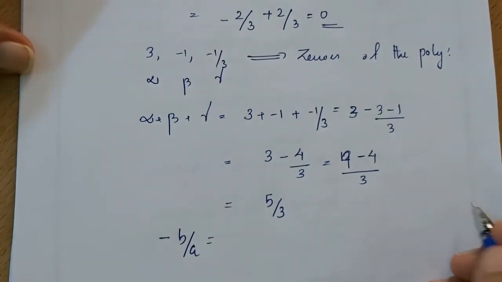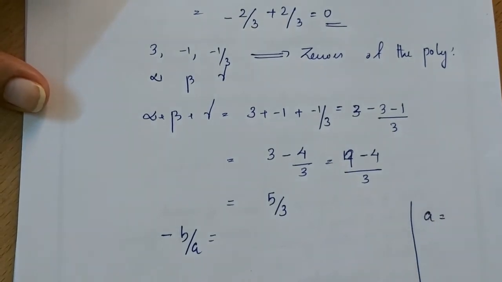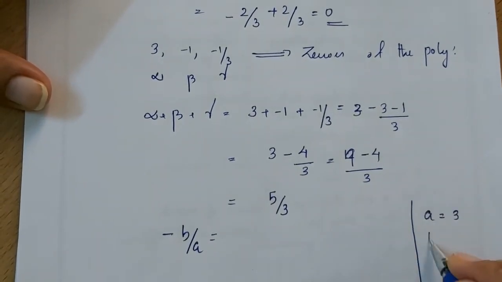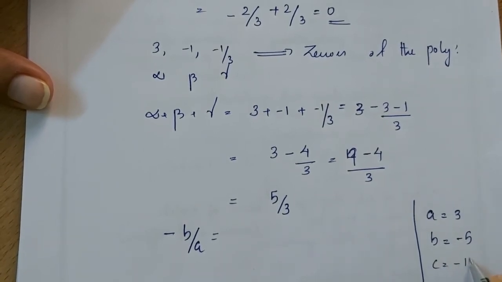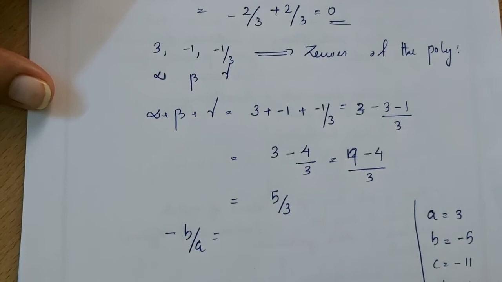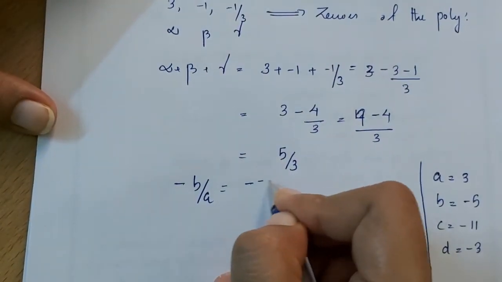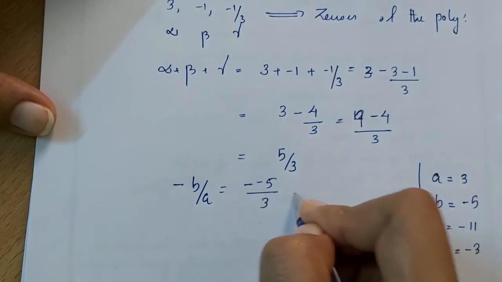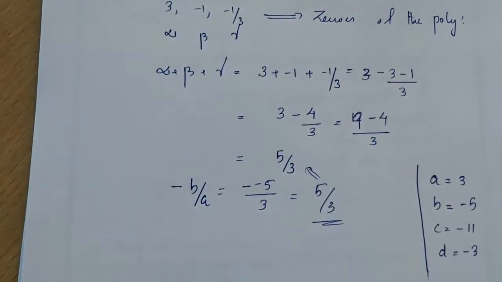Let's put the values in minus b by a. a is equal to 3, b is equal to minus 5, c is equal to minus 11, d is equal to minus 3. Minus b by a means minus of minus 5 by 3, which is equal to 5 by 3. So these are the same.